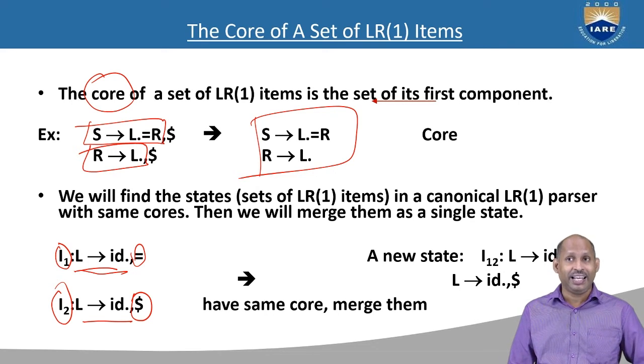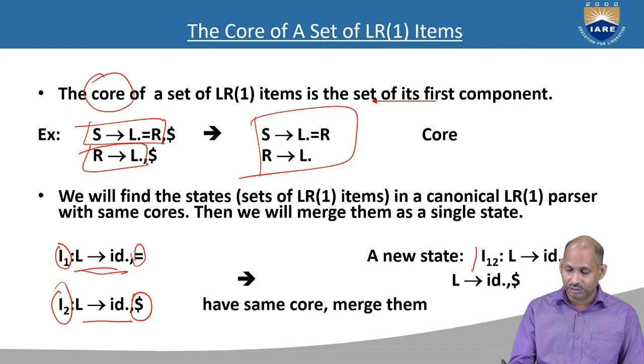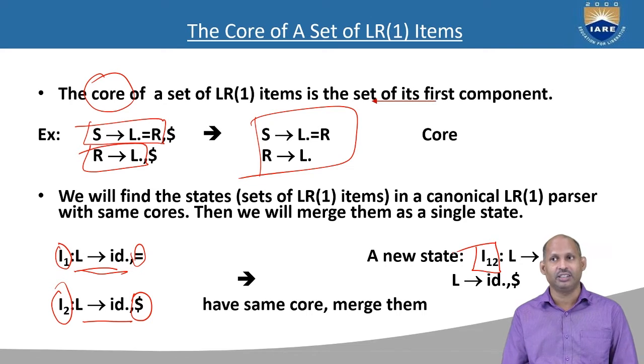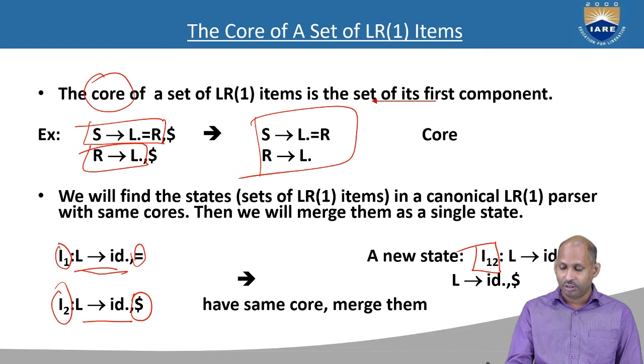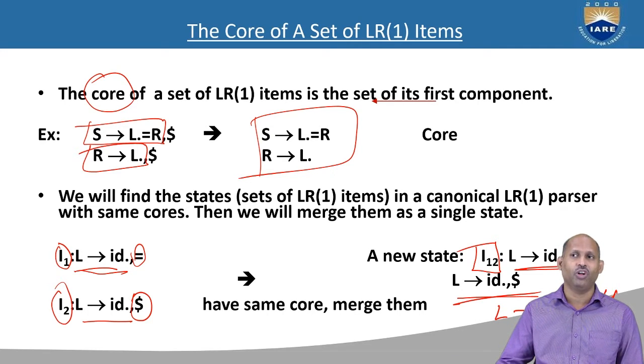But in the lookahead LR parsing method, we combine these two states, resulting in the I12 state. We are combining both the lookahead symbols, assignment followed by the $ sign.